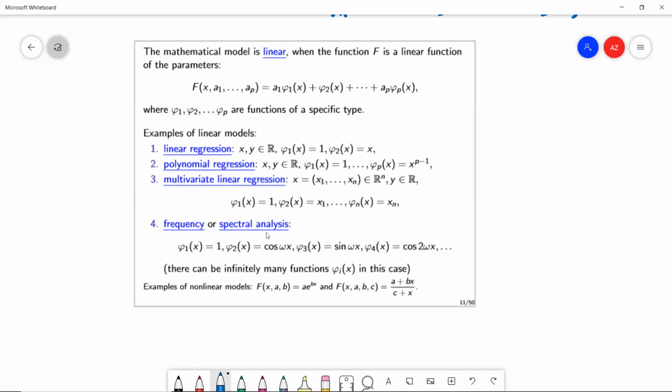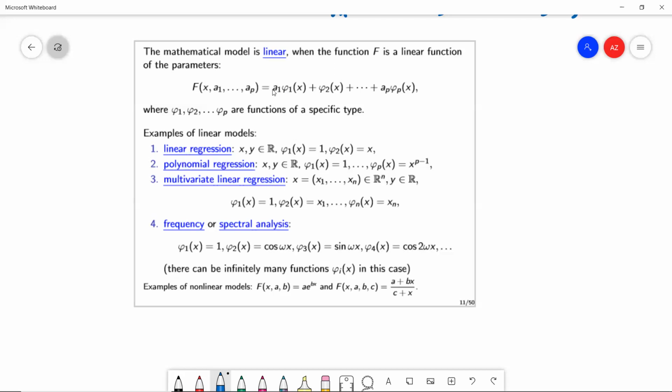Again, I won't write equations specifically; when we need it, or when we need it in lab sessions, we will look at the specific case of this model. Just note again that here we allow trigonometric functions. Before I said that in linear models, we don't allow trigonometric or transcendental functions. But the fact is that we allow trigonometric functions referring to those phi's, but we don't allow that here.